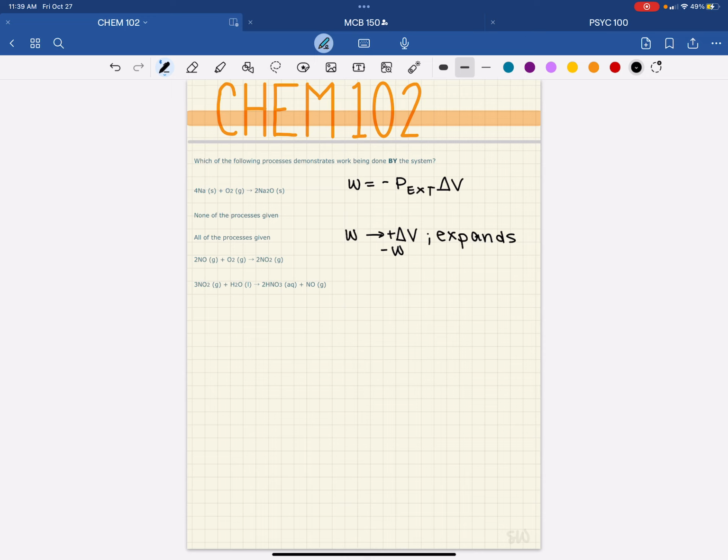So we're going to be looking for increasing moles, because increasing moles will increase volume. And this only applies for gaseous form.